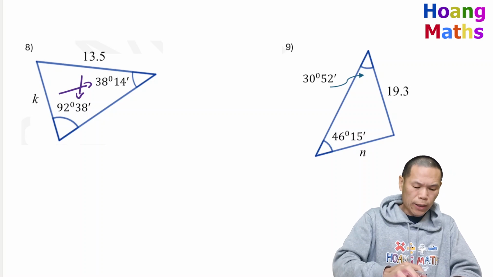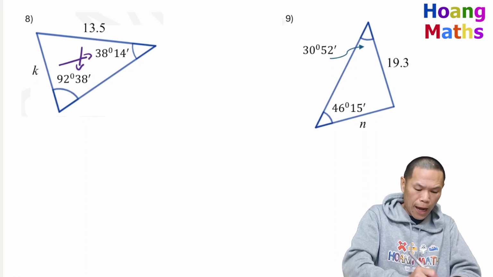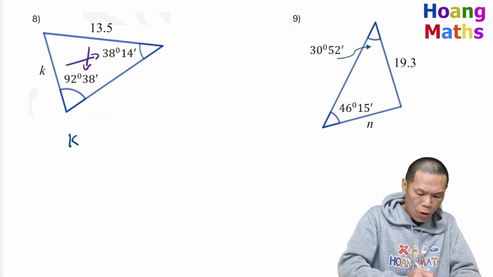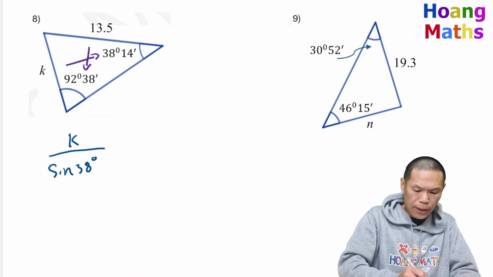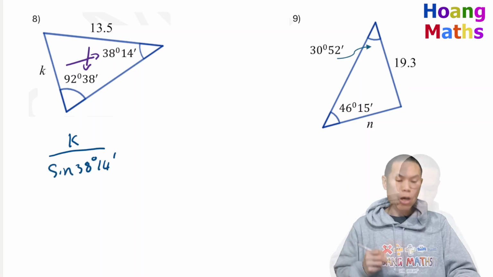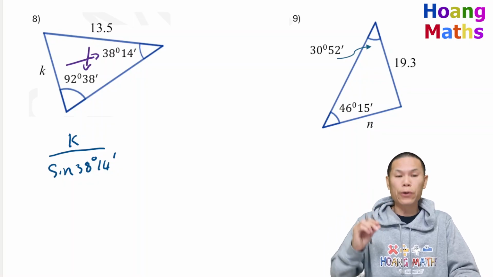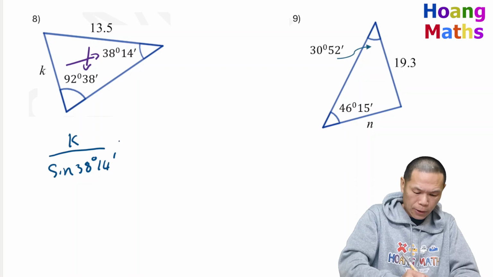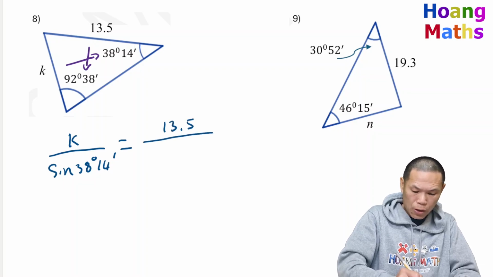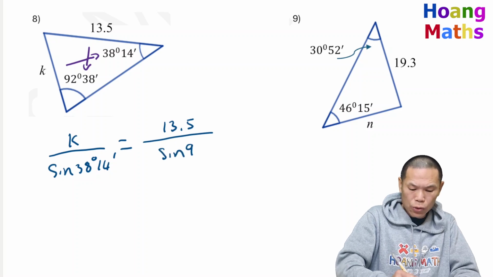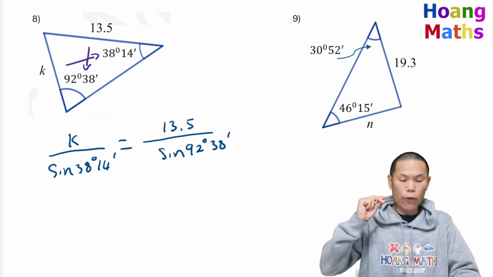So now to work it out, we just go K over sine of 38 degrees 14 minutes equals 13.5 over sine of 92 degrees 38 minutes. So now we just solve for K.